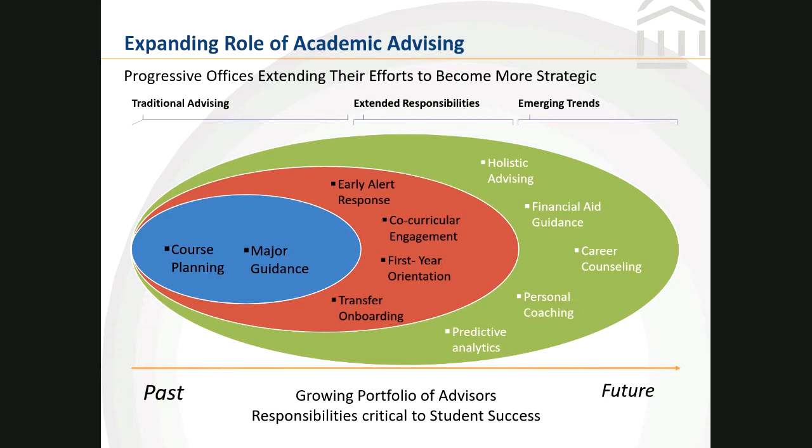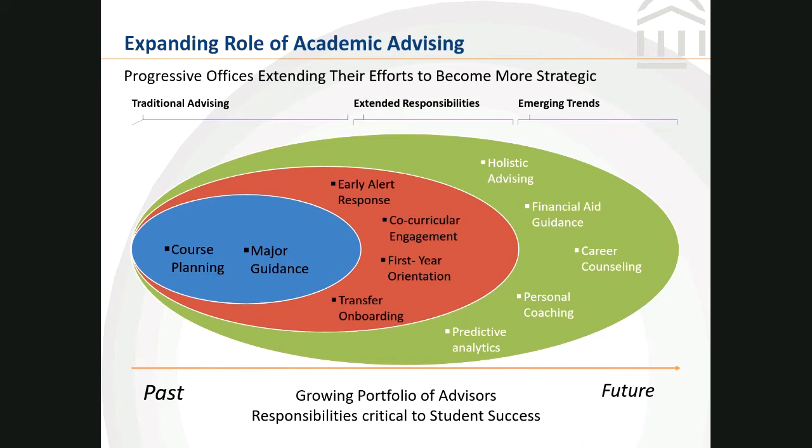And what we find with these emerging trends is that the benefit is that you don't have these segmented offices doing niche programs, but rather you're training your advisors to do more holistic conversations. And that avoids the student being ping-ponged from office to office.